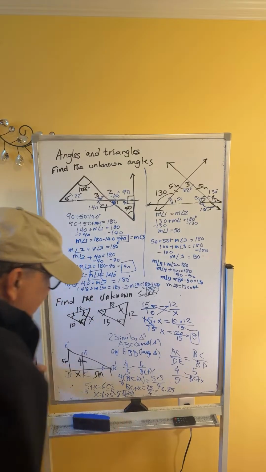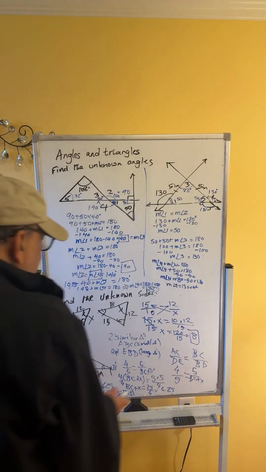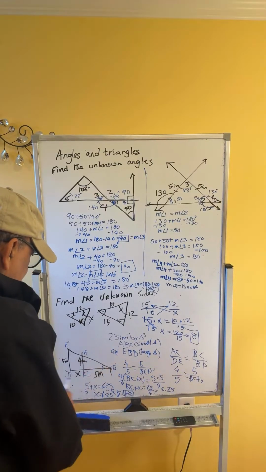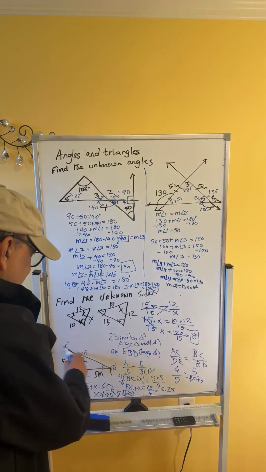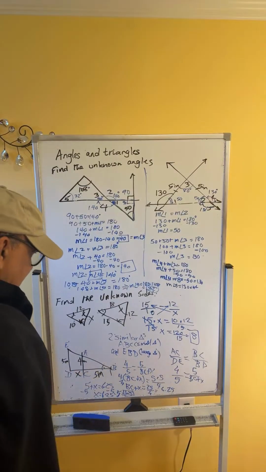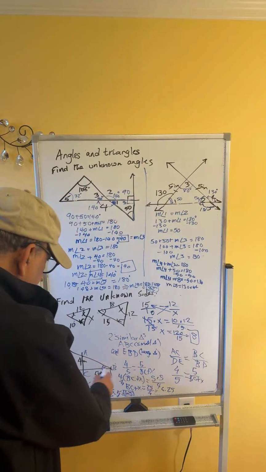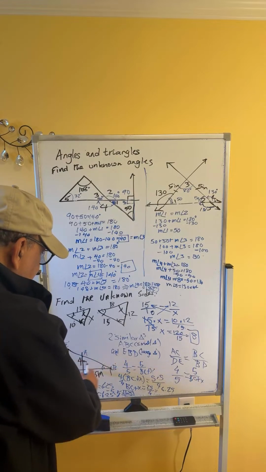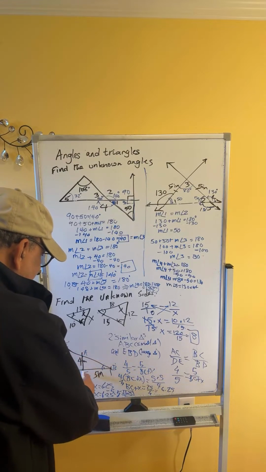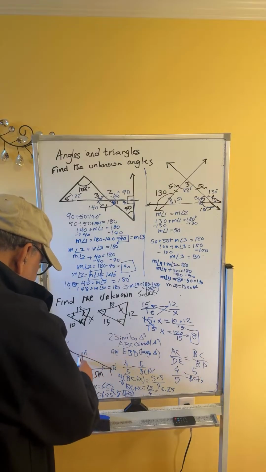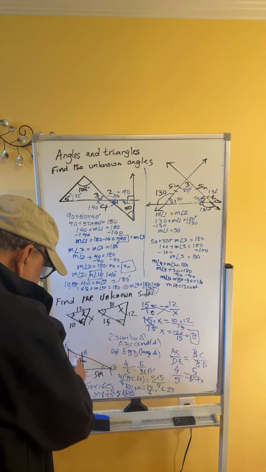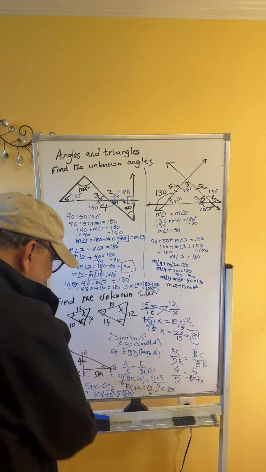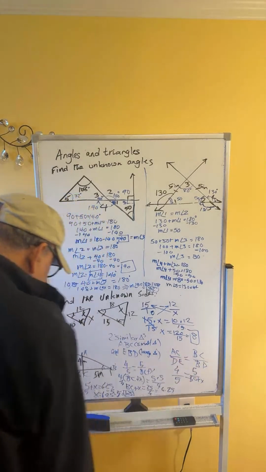Again, let me tell you what I did. I found out there are two similar triangles, ABC and EBD. Now I took the side opposite to angle B in the small triangle ABC, which is AC, divided by the similar side opposite to the small angle in the large triangle, which is ED or DE.